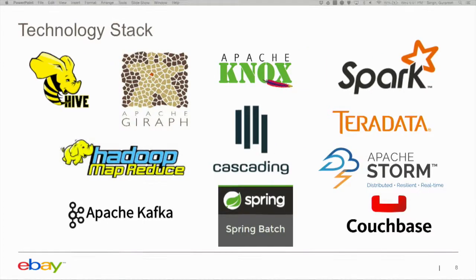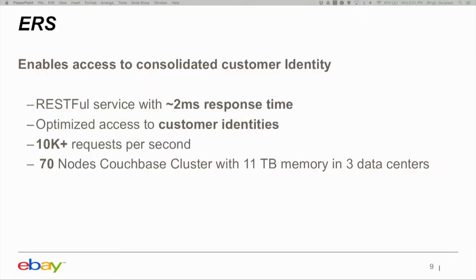In this design, as I mentioned, we use Hive to do the major batch process. We use Spark, Storm, and Kafka for the near real-time engine. We use Spring Batch to load about 2 billion records into Couchbase.